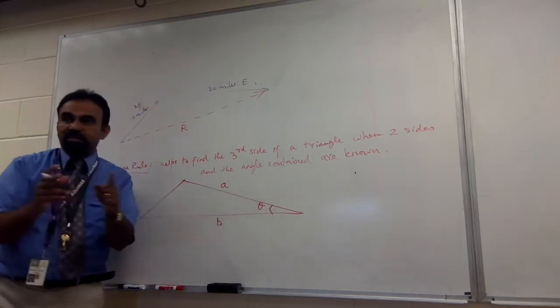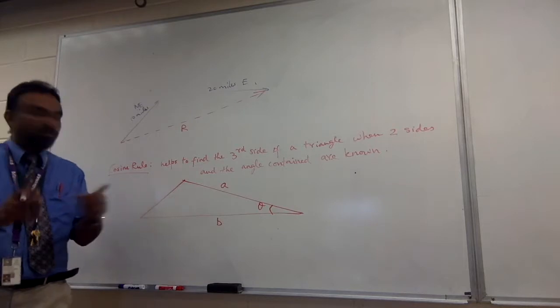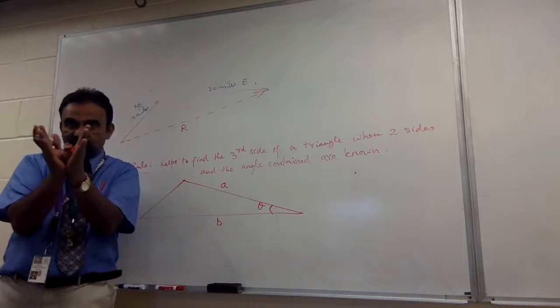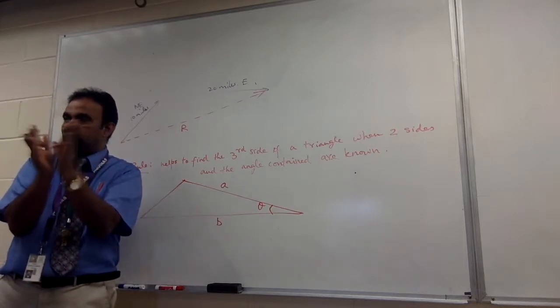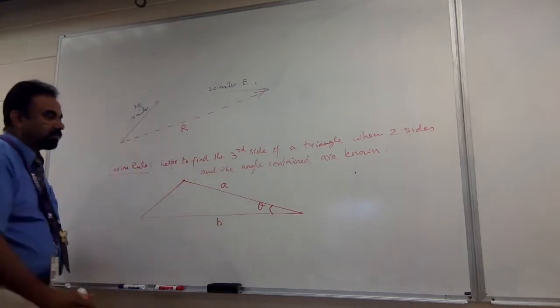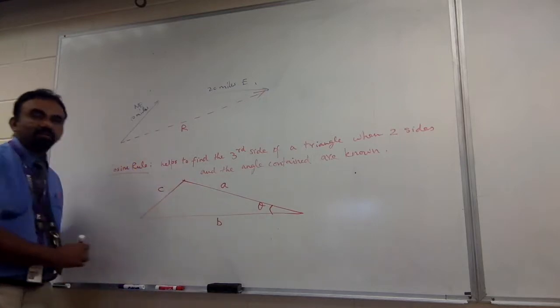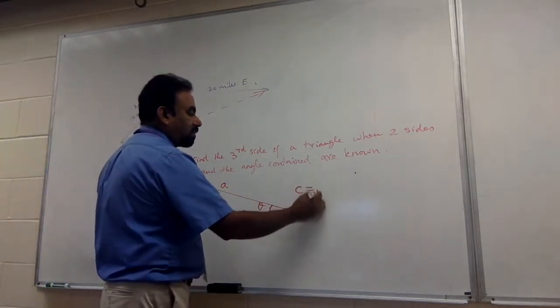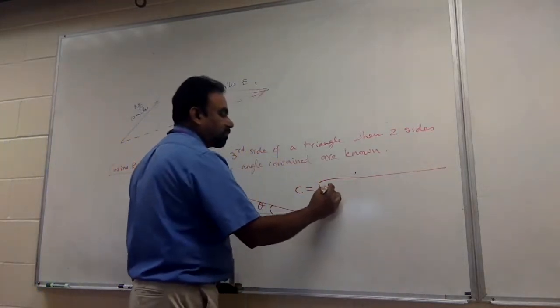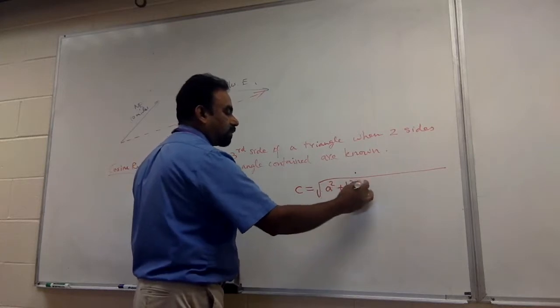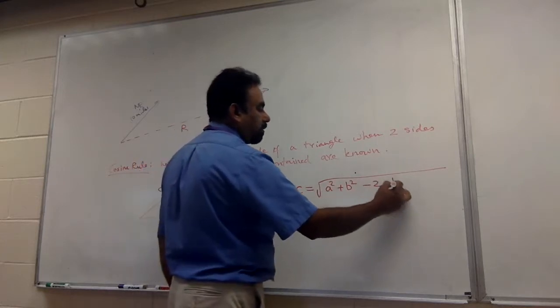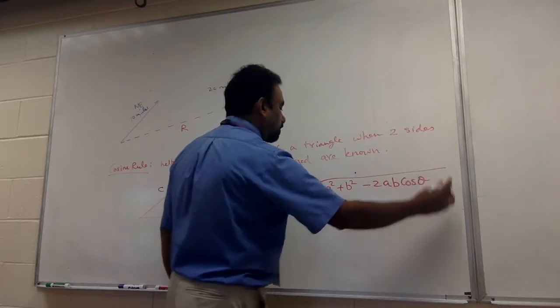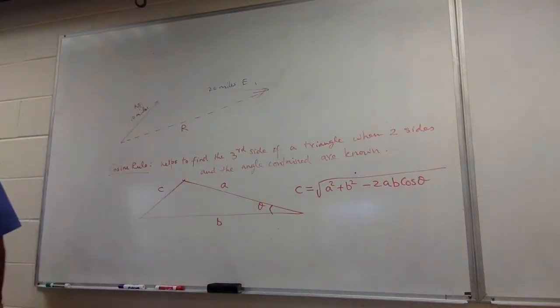Do you understand the term contained? If you know two sides and the angle contained, meaning the angle that is trapped between the two sides, then you can find the third side by using this expression. c is equal to the square root of a squared plus b squared minus 2ab cosine theta. That will help you to find the third side.